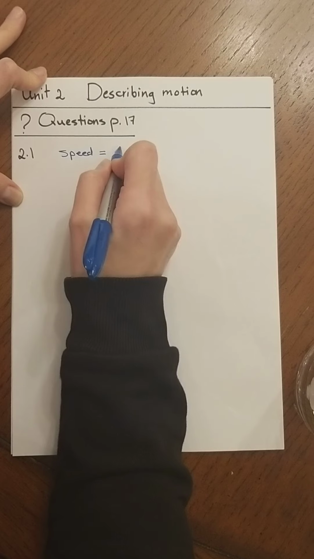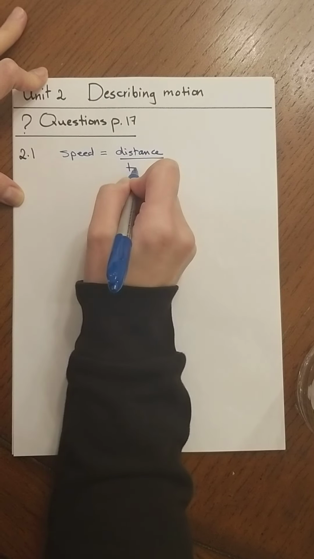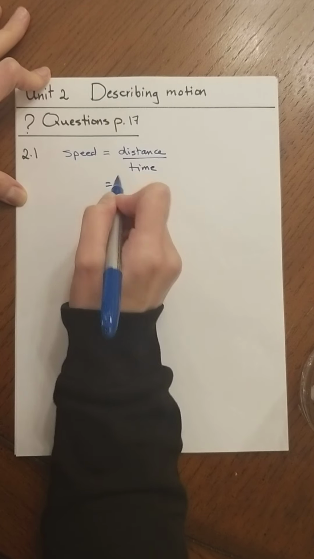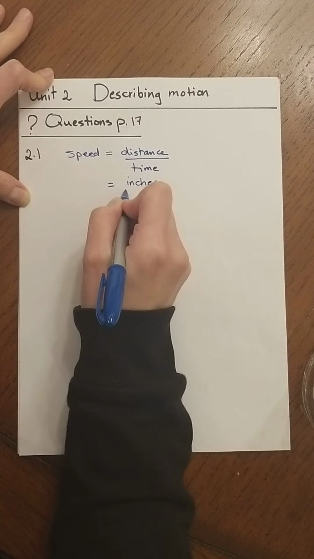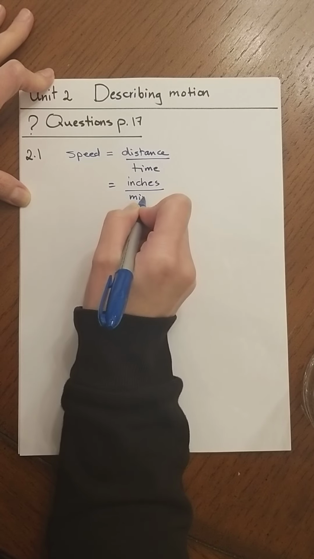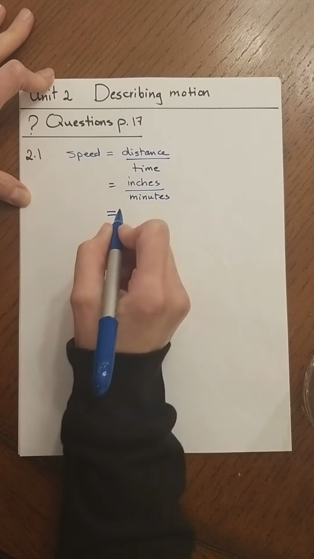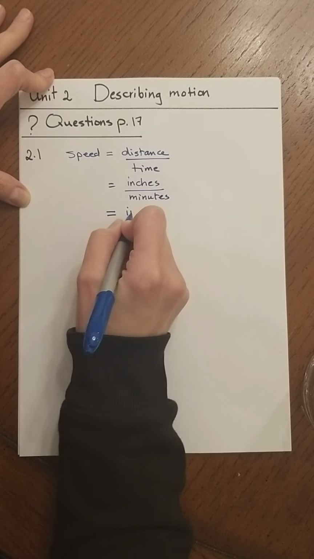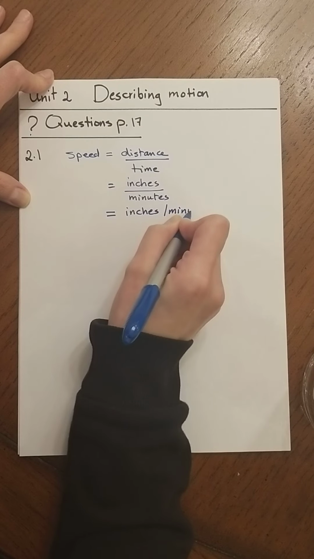Speed equals distance divided by time. So we are measuring distance in inches and time in minutes. So our final answer, speed, will be in inches per minute.